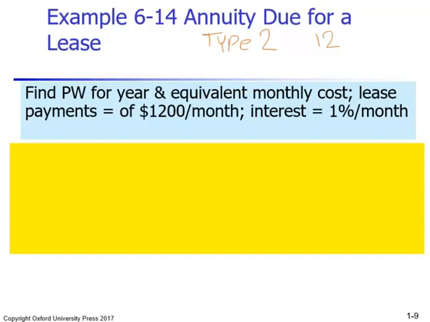What would be your answer? Yes, 12%. But it is nominal. Because what happens in reality is 1% per month. So here in this question, it is asking you to calculate the present value if the payments are at the beginning of the month. Because here it is saying annuity due.